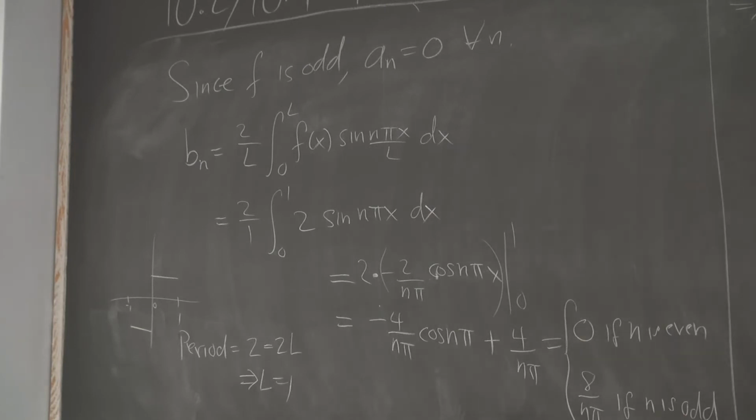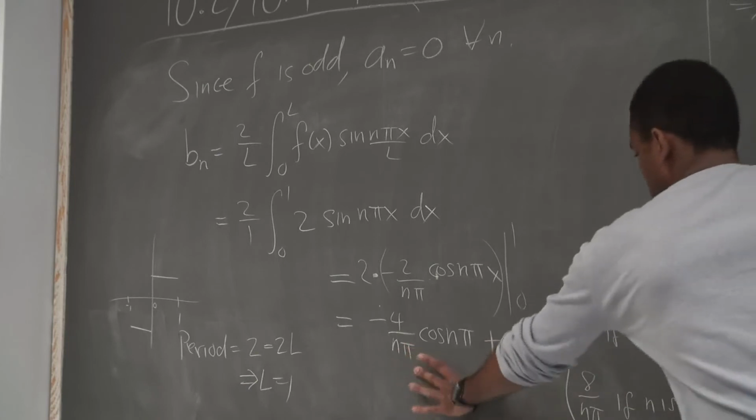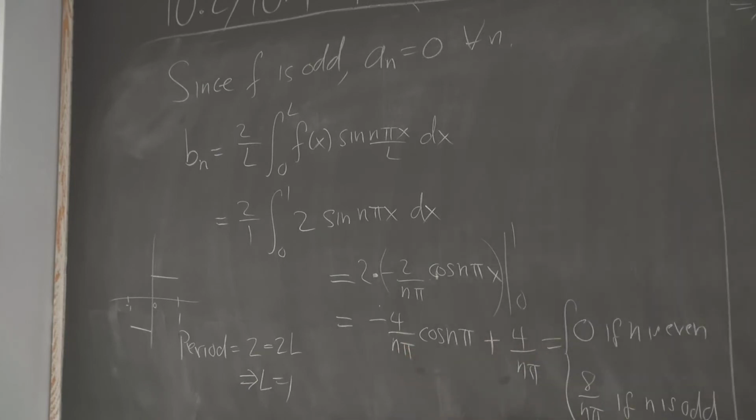Or, if you want to be lazy, you can just say f of x equals the sum as n goes from 1 to infinity of, and you put this whole thing, minus 4 over n pi cosine n pi plus 4 over n pi, times sine n pi x.